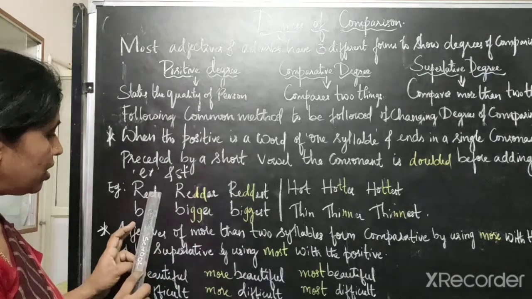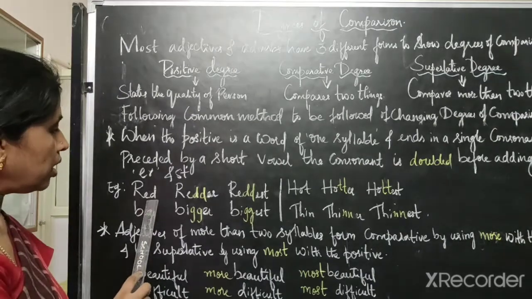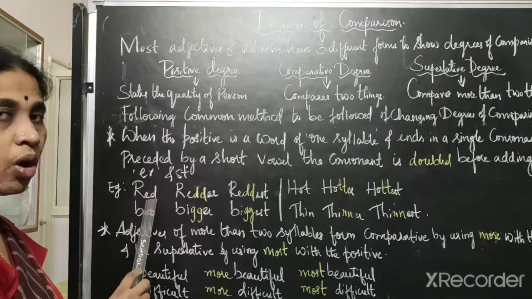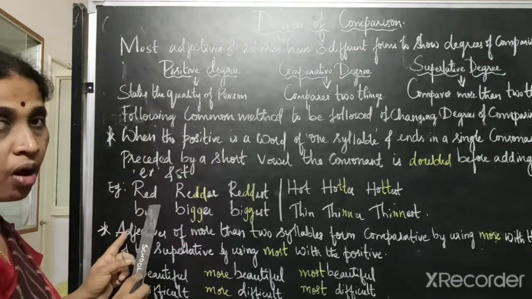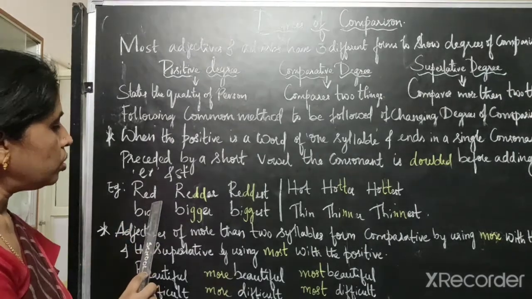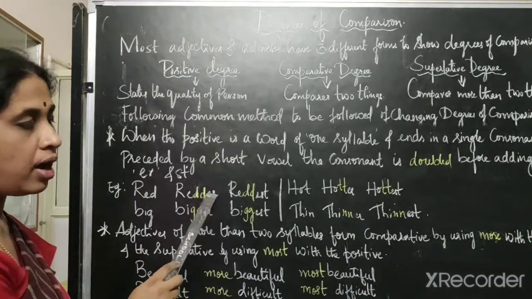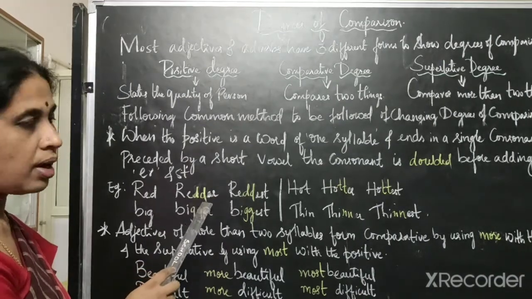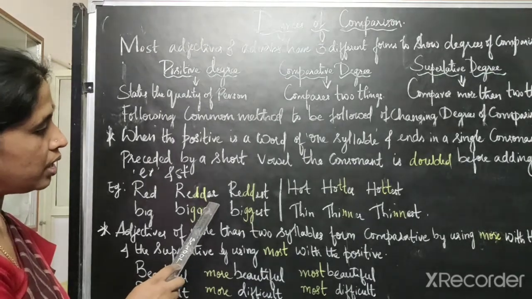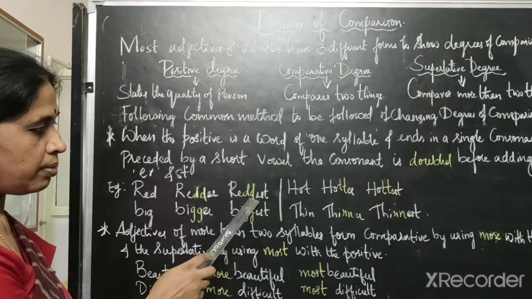So this is a rule where a positive word has one syllable and ends with a single consonant preceded by a short vowel. To form a comparative, you have to double the consonant before adding ER. Similarly, to make a superlative, before EST you should double the consonant.